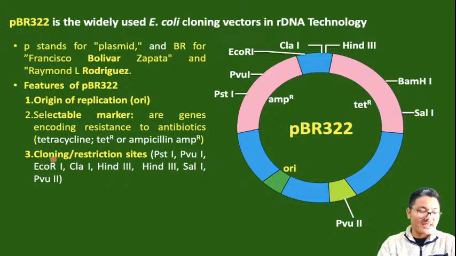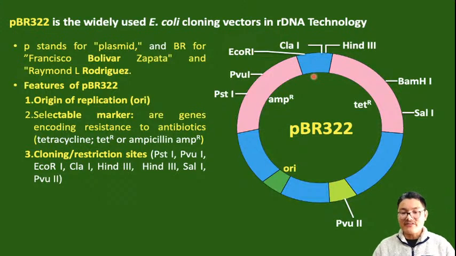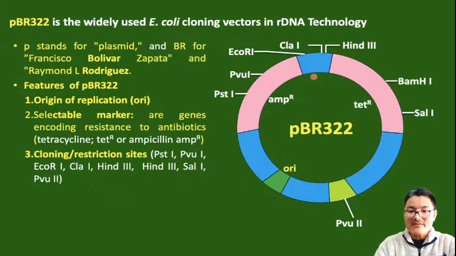If we look at the different restriction enzymes, each has one cloning site. There are no two cloning sites for HindIII; HindIII has its restriction site at this position only.